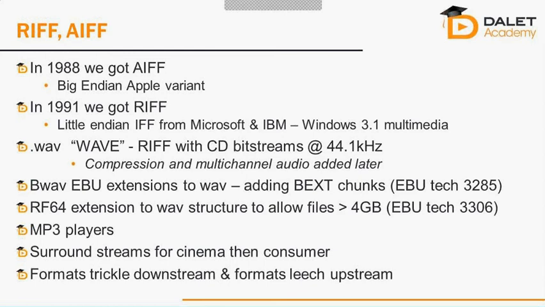And Microsoft and IBM were using Intel chips, which were little endian. We had the little endian format. In other words, if you had a 2-byte audio sample, with AIFF, you send the most significant byte first and the least significant byte second. With RIFF, you do it the other way round.